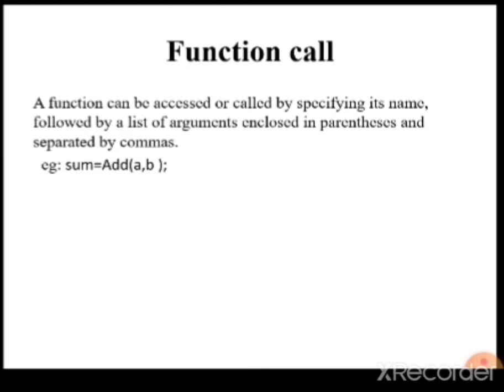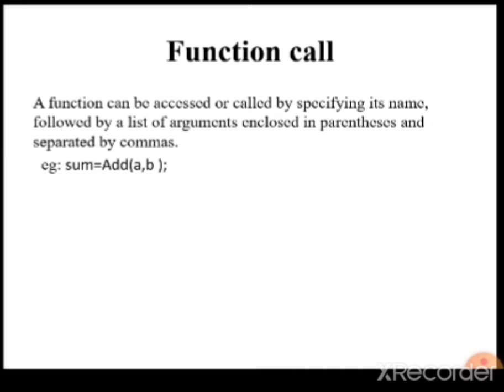So next, function call. A function can be accessed or called by specifying its name, followed by the list of arguments enclosed in parentheses and separated by commas. When we call a function, we have to use a parenthesis pair, open and close.